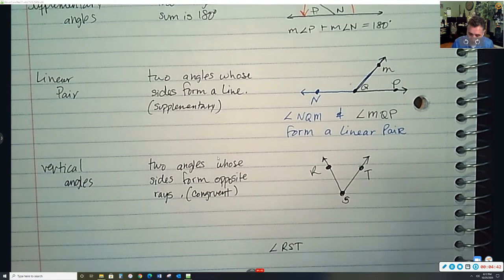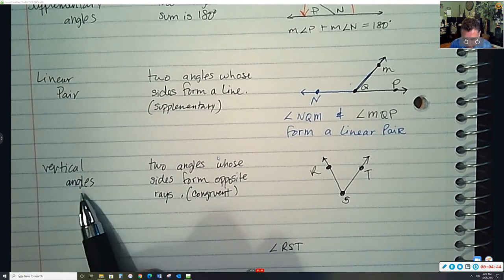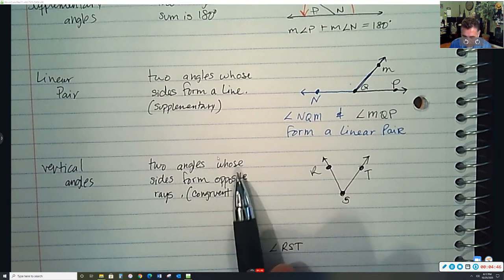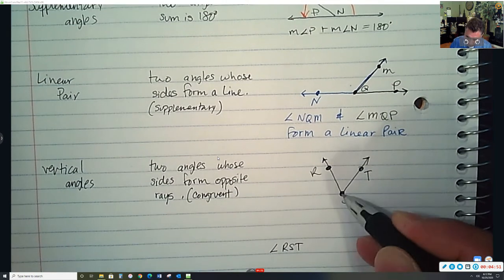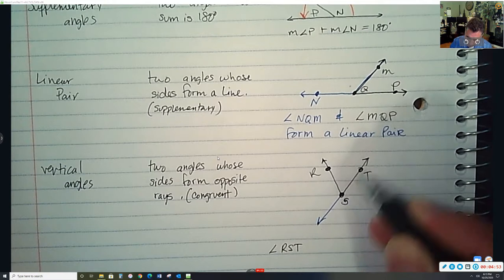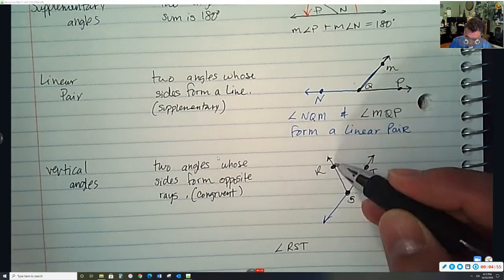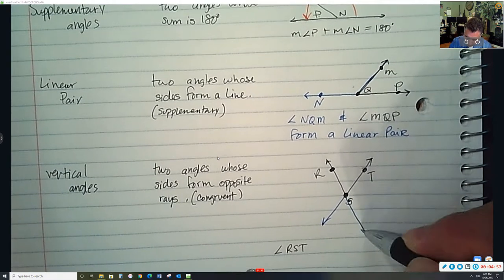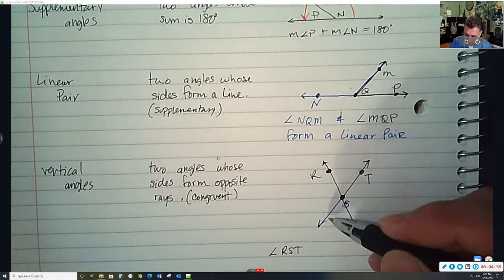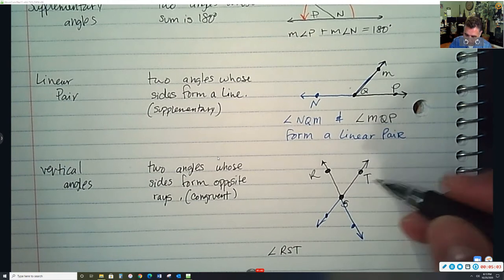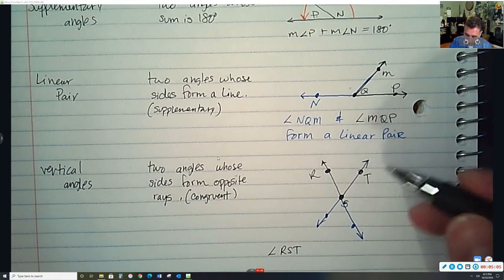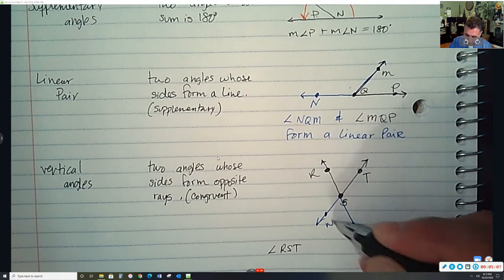Okay. Now, vertical angles are two angles whose sides form opposite rays. So if I drew another angle coming down this way, see, this is an opposite ray, and then this one's an opposite ray. Okay, so these two angles, so this angle would be, let me call it W and X here.